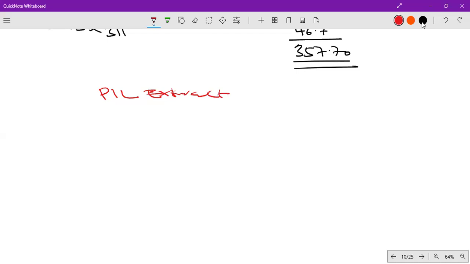We'll have our years here: 2020, 2019, 2018. What should be here? Depreciation. What was the depreciation charge for each of the years? 639. 639.